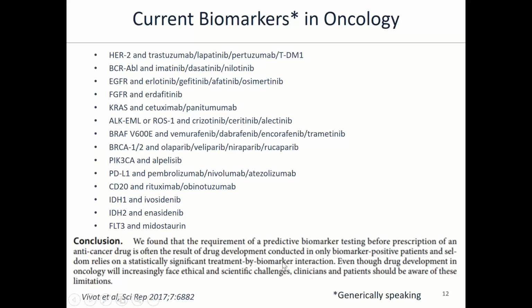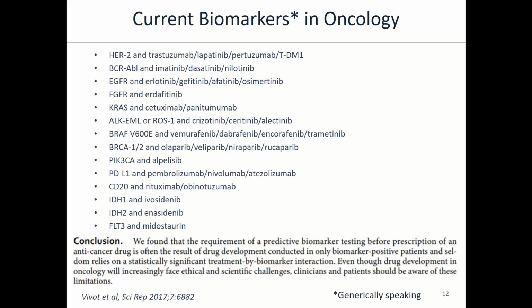So there are lots of biomarkers for which we don't have clear proof of interaction, and in many cases, perhaps rightly so, the patients with biomarker negative tumors have not been investigated.